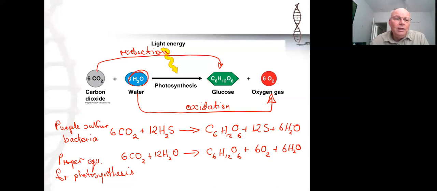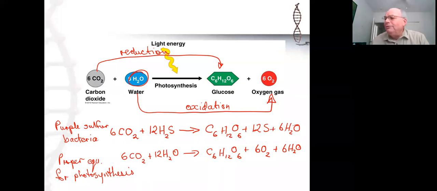If, however, you feed the plants oxygen 18 containing water, the oxygen gas contains the oxygen 18. That oxygen 18, by the way, does not turn up in the glucose. It only turns up in the glucose if the oxygen 18 is in carbon dioxide. If the oxygen 18 is in water, then the oxygen gas contains the oxygen 18.